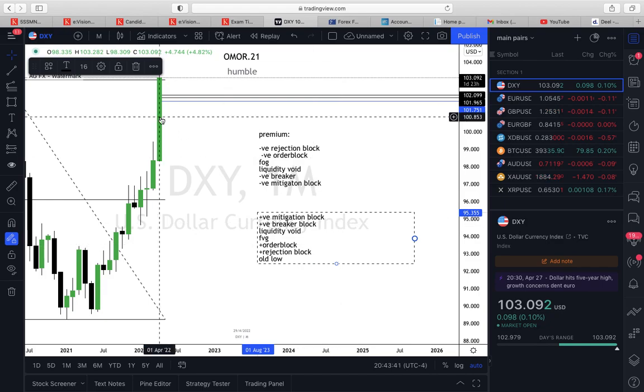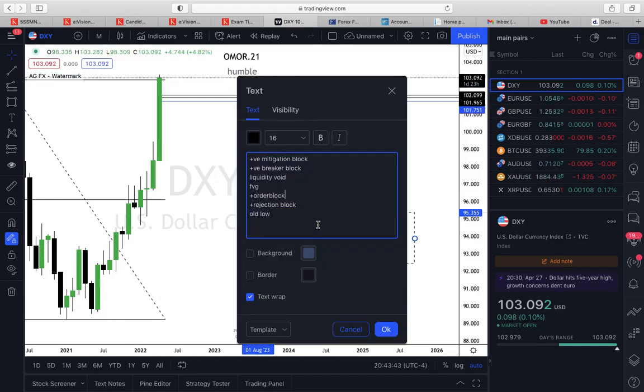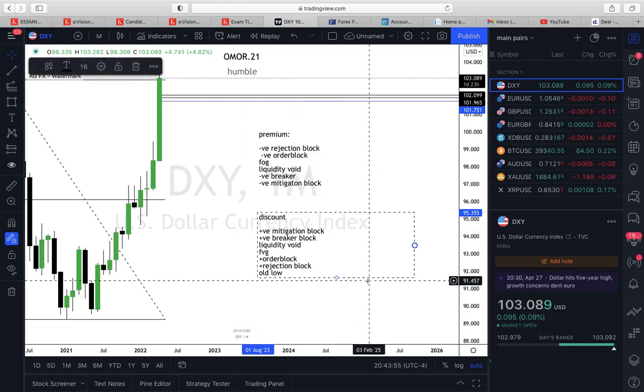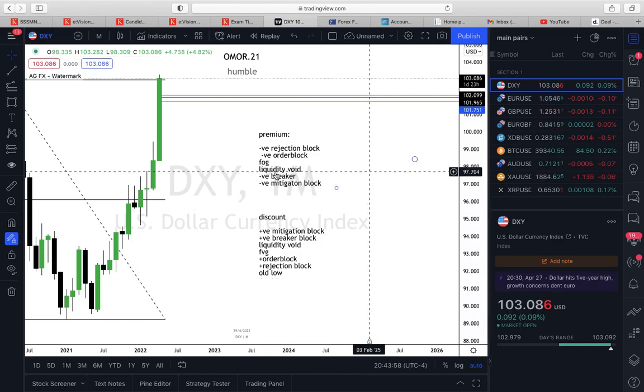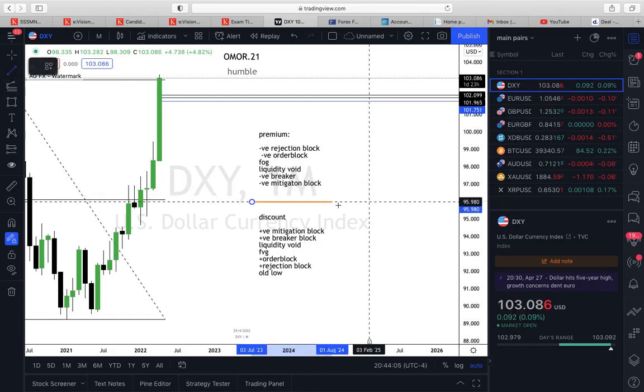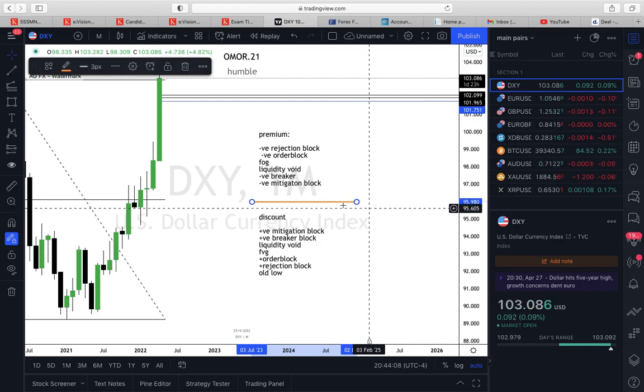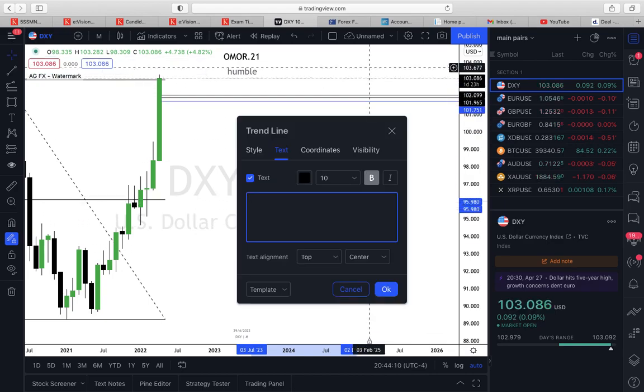Actually, let's add to this. And this is for discount, right? You see how they're the inverse, and in between here, let's just get a trend line. Let's label this fair value 50%.